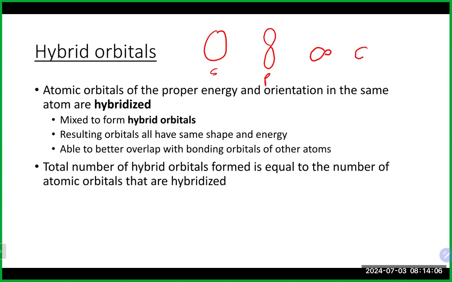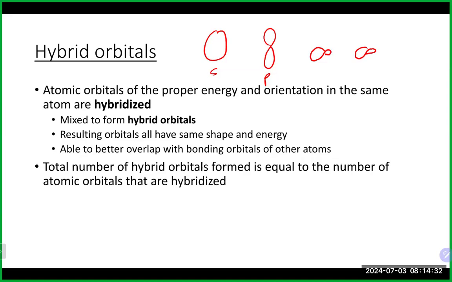And one of the benefits of these hybrid orbitals is that they result in the same shape. So now when we mix, we are mixing orbitals that look and have the same shape, and also the same energy. So no longer are we reaching up in energy or down in energy. We hybridize these, they come together, and these orbitals are all the same energy.